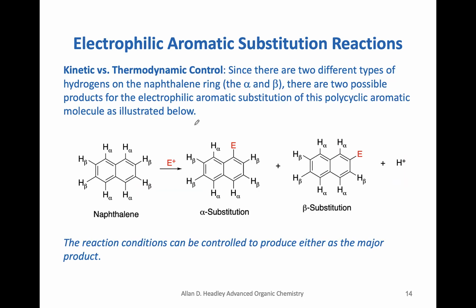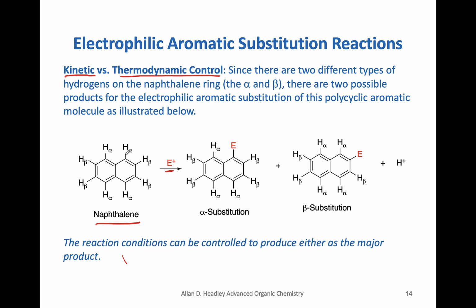Let us look at another concept that's very important in organic chemistry: kinetic versus thermodynamic control of a reaction. The example that we'll use here is the electrophilic aromatic substitution of an aromatic compound known as naphthalene. As you can see from naphthalene here, all the hydrogens are not equivalent.